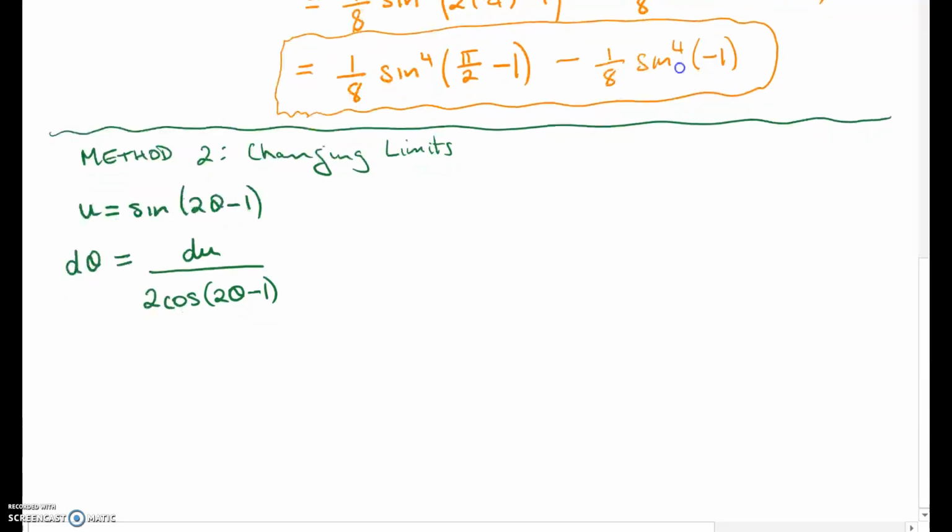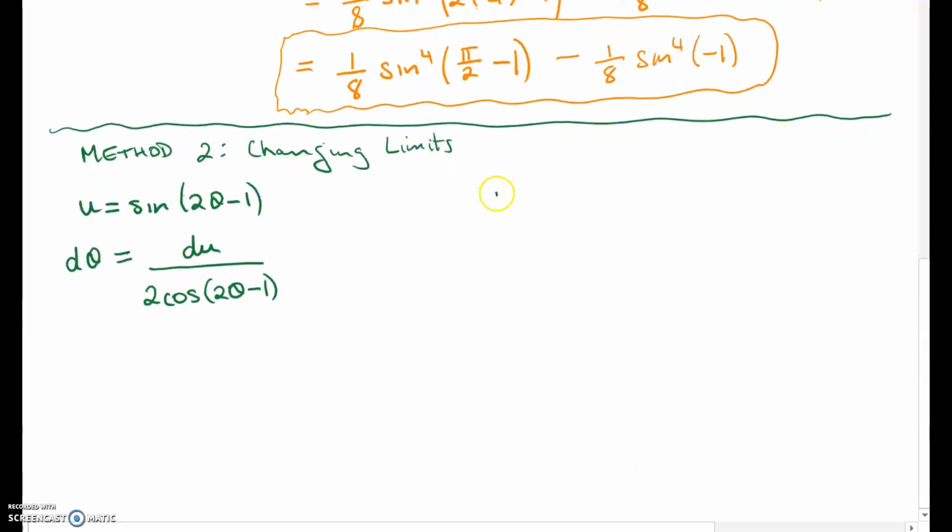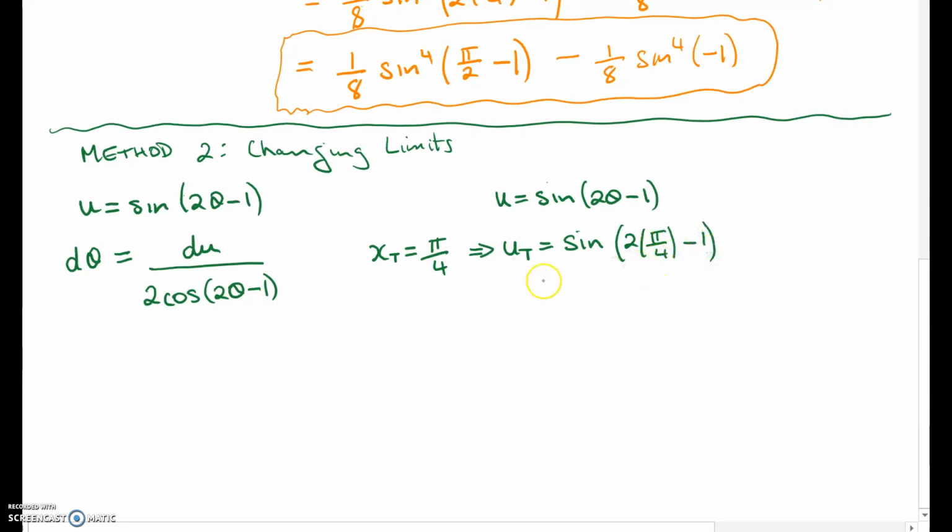Now we also have to change our limits. We have u equal to the sine of 2 theta minus 1, and the top limit for theta was pi over 4, so the top u limit will be sine of 2 times pi over 4 minus 1, so u top is the sine of pi over 2 minus 1.